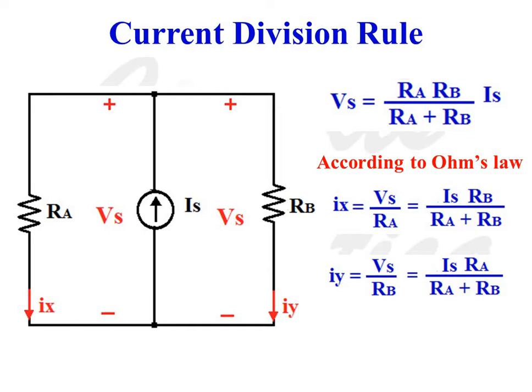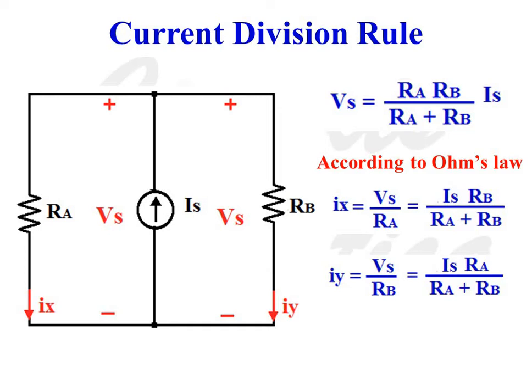According to Ohm's law, current flow through resistance Ra is Ix equal to Vs divided by Ra, that is equal to Is into Ra·Rb the whole divided by Ra plus Rb into 1 by Ra. So we will get Ix is equal to Is into Rb the whole divided by Ra plus Rb.